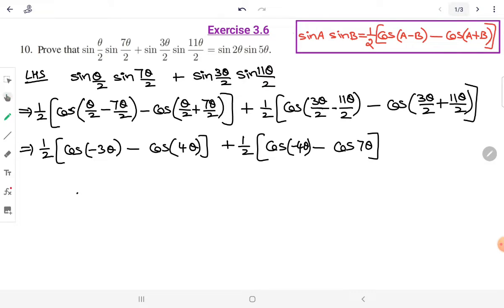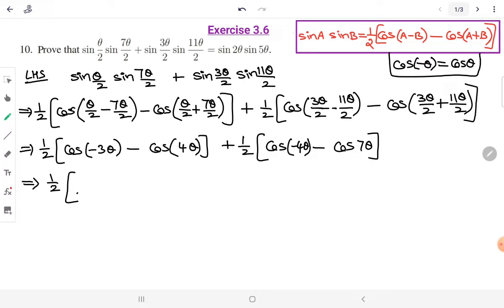Now in the next step, here also we have half, so let's take half common. Now in the formula we know cos of minus θ is cos θ only. So this is also one important formula.